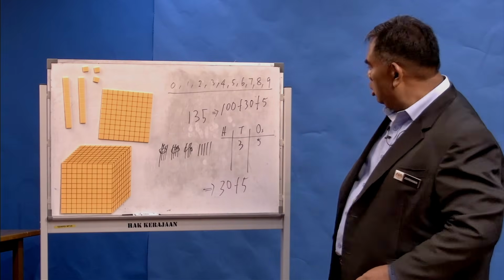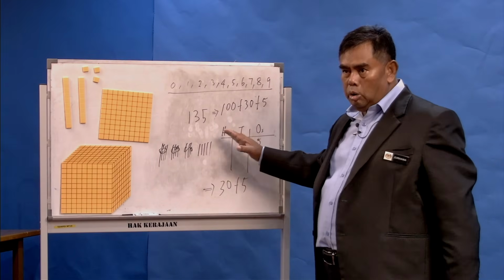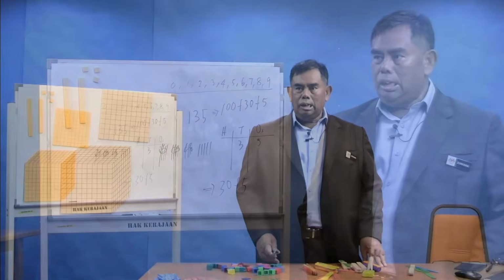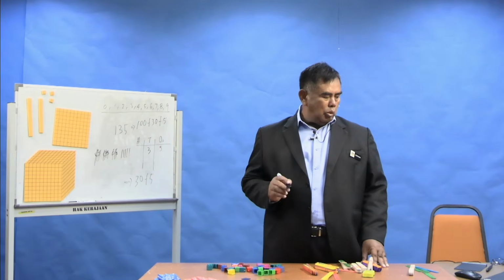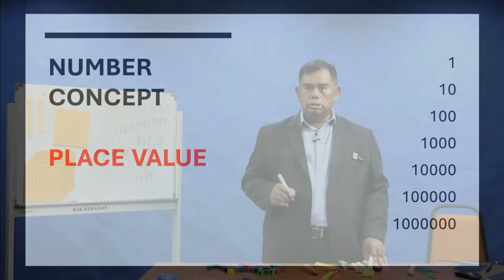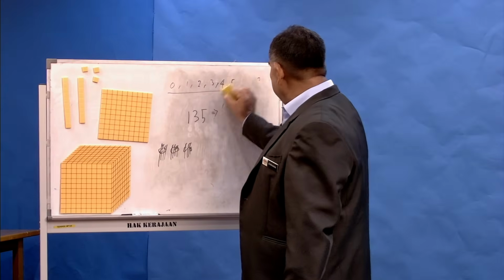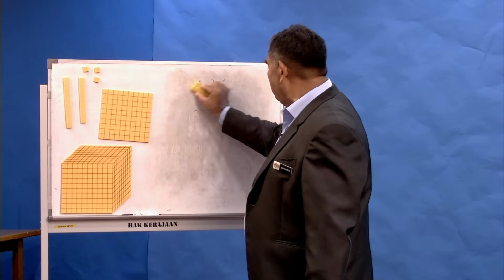On the slide, you can see how we write the number in place value. We read from left to right, not from right to left. For the beginning, when students learn about number, we always ask them to write from the right to the left.